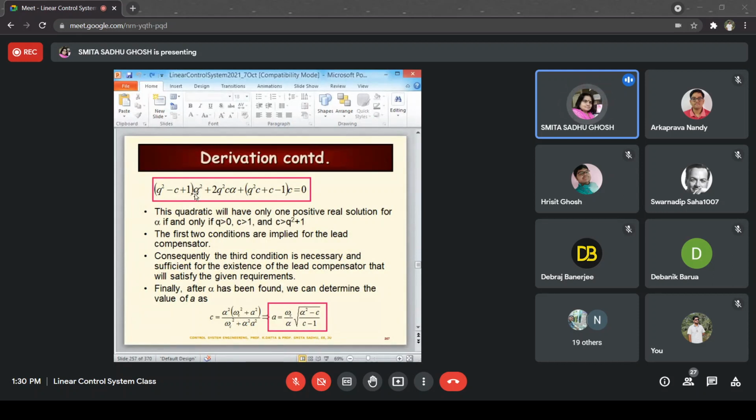So now from the quadratic also, we can say that we will get only one positive real solution for alpha if and only if q is greater than 0, c is greater than 1, and as well as this is valid, because you can see that the coefficient over here cannot become negative.